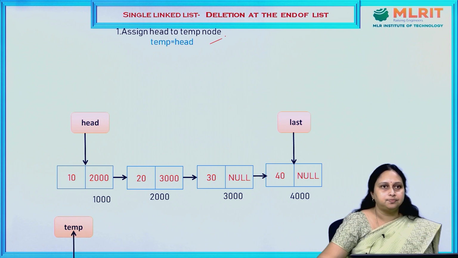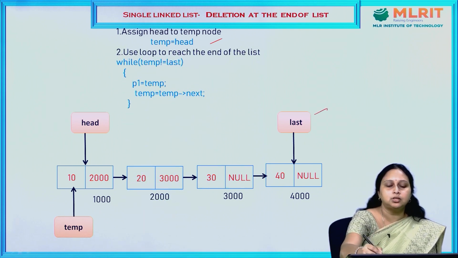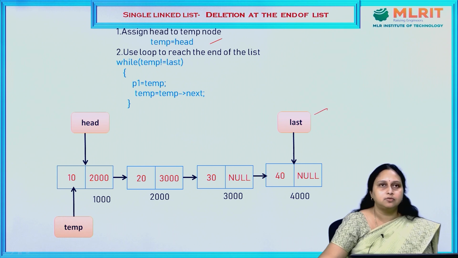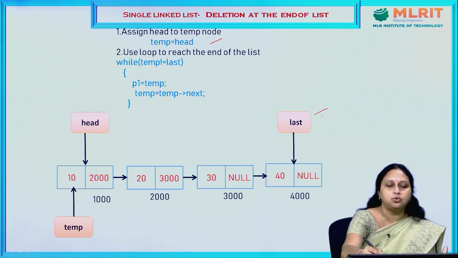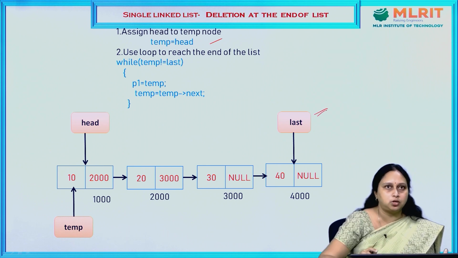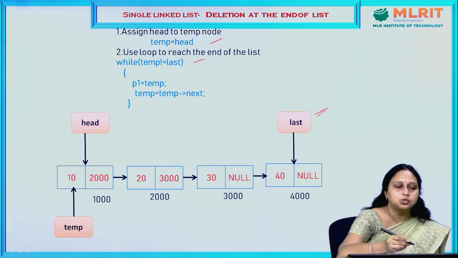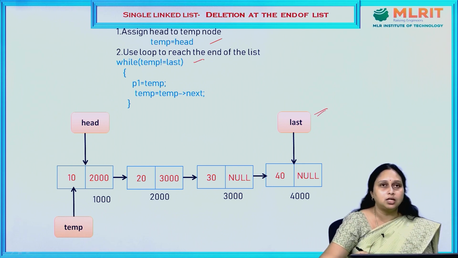Now head and temp are both pointing to the same location, and then we need to reach the last node. That means we need to traverse through the list, reach the last node, and identify the previous node with some pointer variable. For that we traverse through the list using while temp not equal to last.